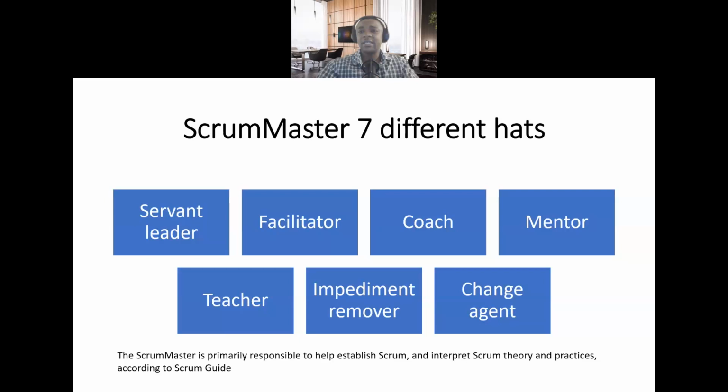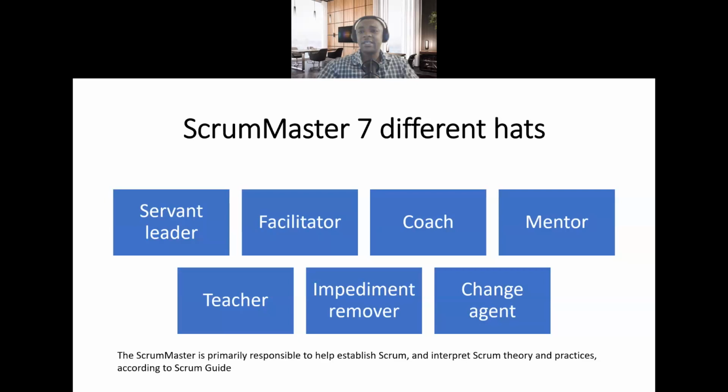Change. There is a Chinese proverb that says, when the wind of change blows, some people open their gates while others build walls. Sometimes when a team or an organization is attempting to transition from waterfall to agile, they might struggle on what to do.